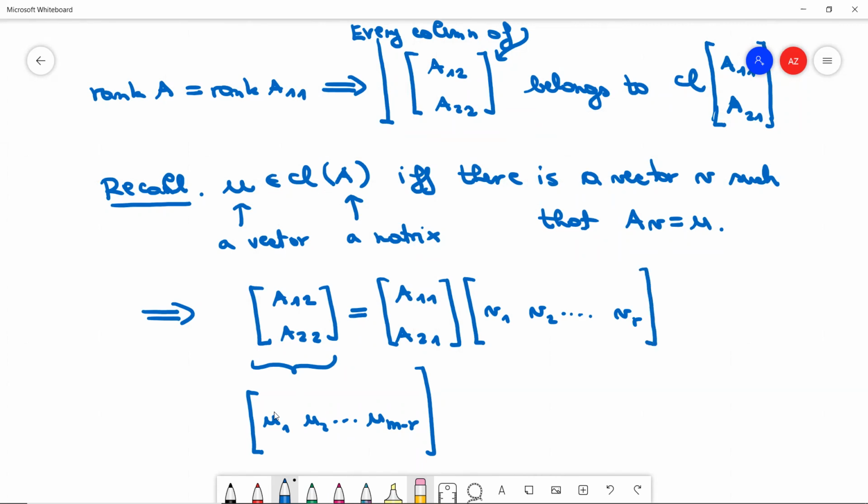This has r columns and m minus r columns, and n rows. So V1 up to V m minus r, here we have m minus r columns, and here we have r rows.